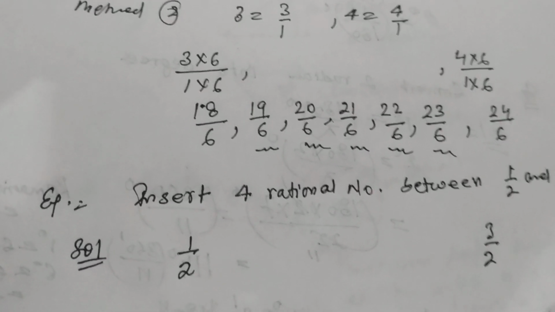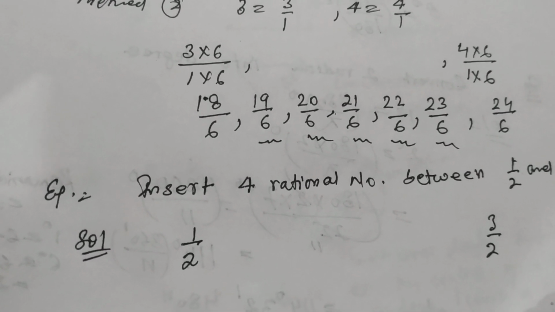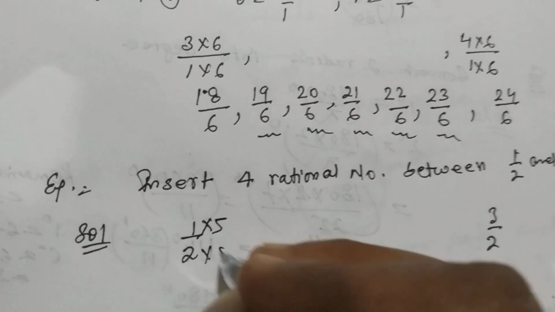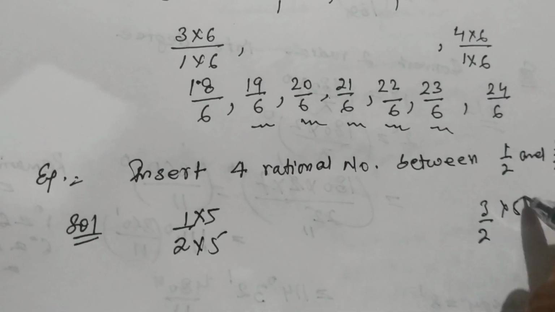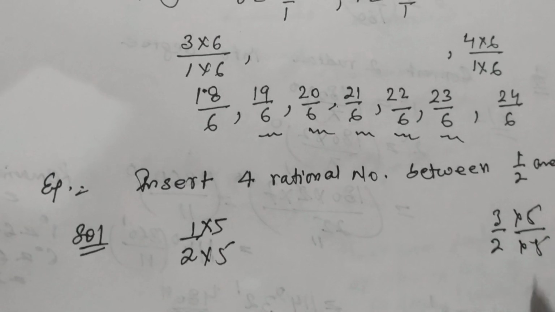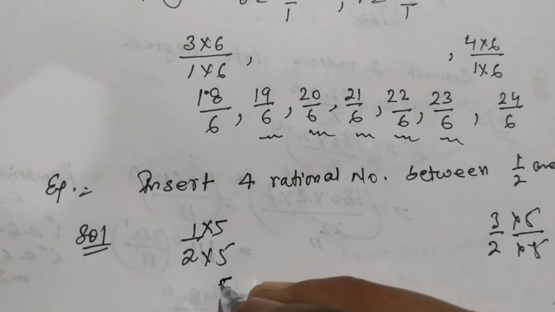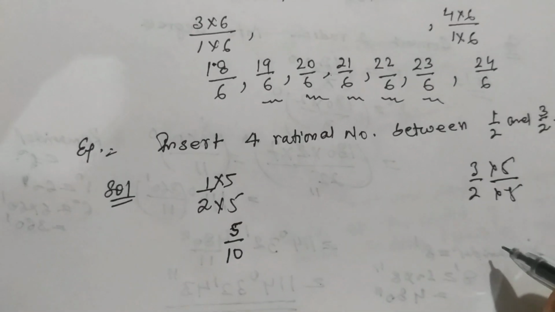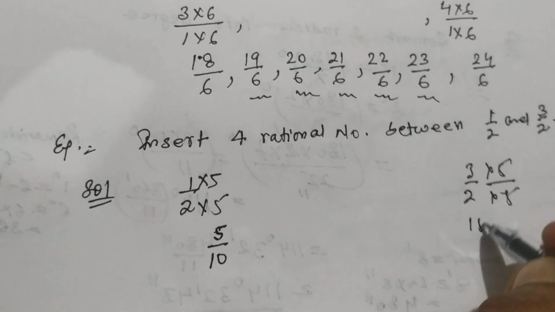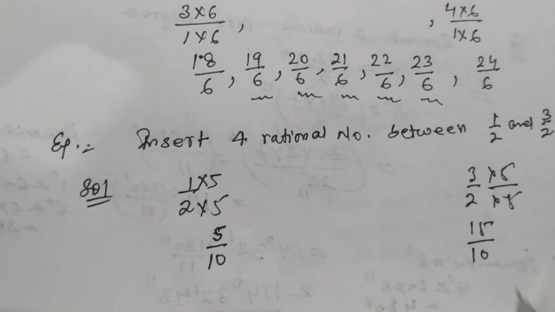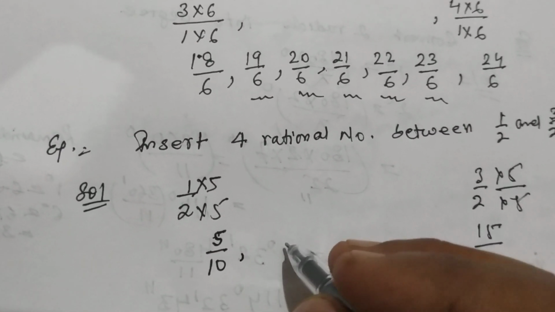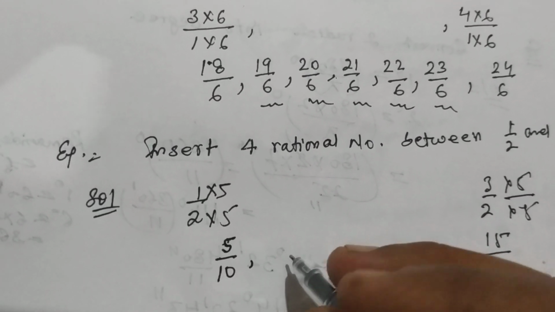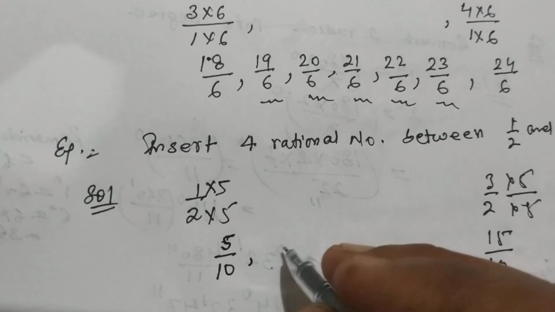Again, the numerator and denominator must be multiplied by 4 plus 1, that is 5. So 1 into 5 upon 2 into 5 and 3 into 5 upon 2 into 5. This is equal to 5 upon 10, the fraction remains unchanged, and that is 15 upon 10. Now insert the numbers in increasing numerator order.